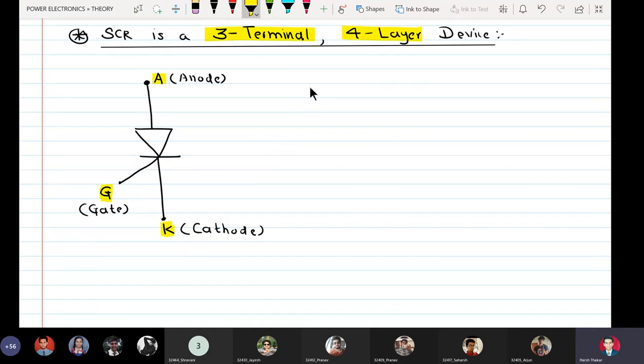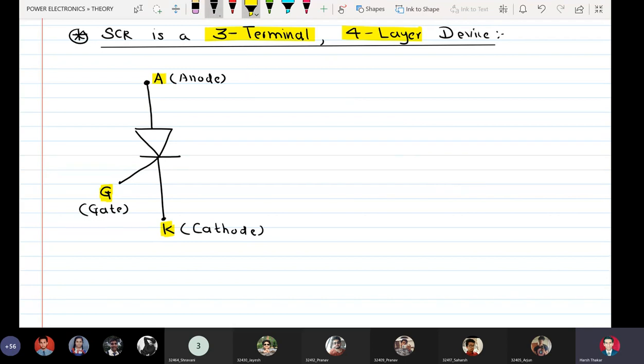Why is it called a 4-layer device? Because unlike a diode which has only 2 layers or 2 regions, that is one p-type region fused with one n-type region, SCRs are manufactured by putting 4 layers, that is 2 p layers and 2 n layers, in an alternating fashion.